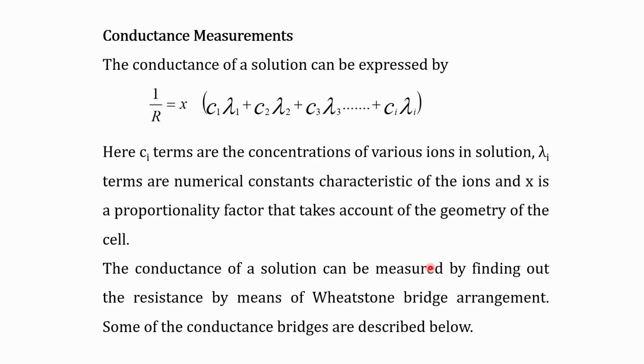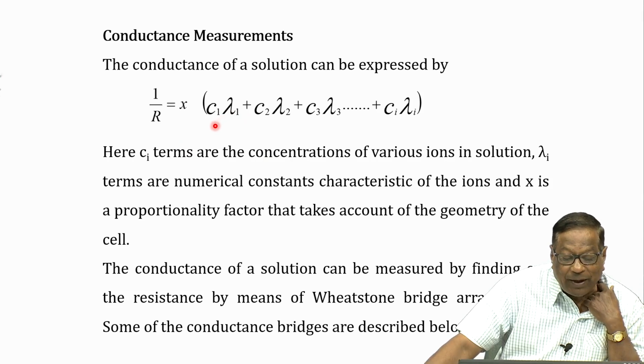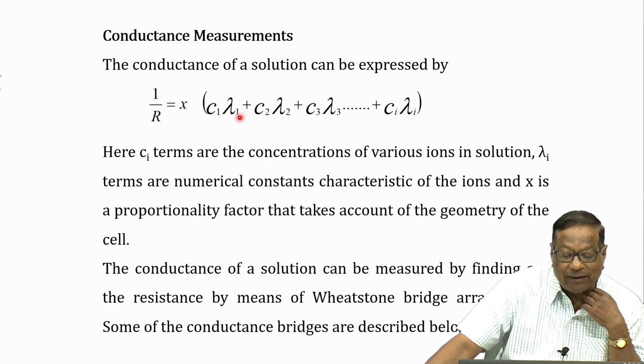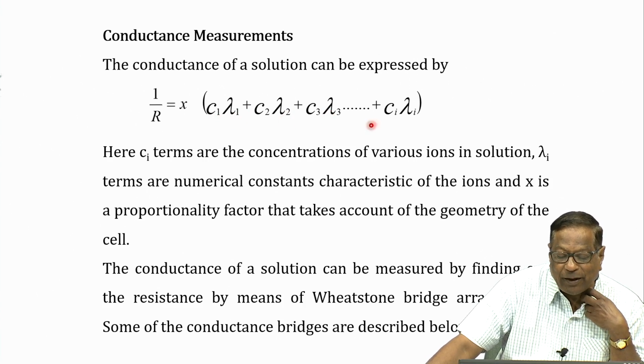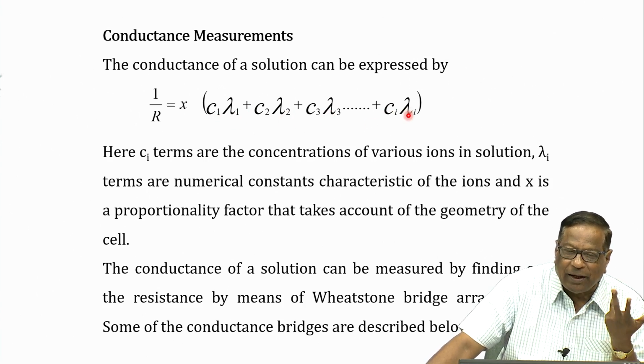So, the conductance of a solution, if it contains many ions, how do we express it? What we do is the conductance is nothing but 1 over resistance, that we know. So, it is the product of C1 lambda 1, that is ions. Okay. So, ions and equivalent conductance of the first ion, second ion, third ion, fourth ion, nth ion.